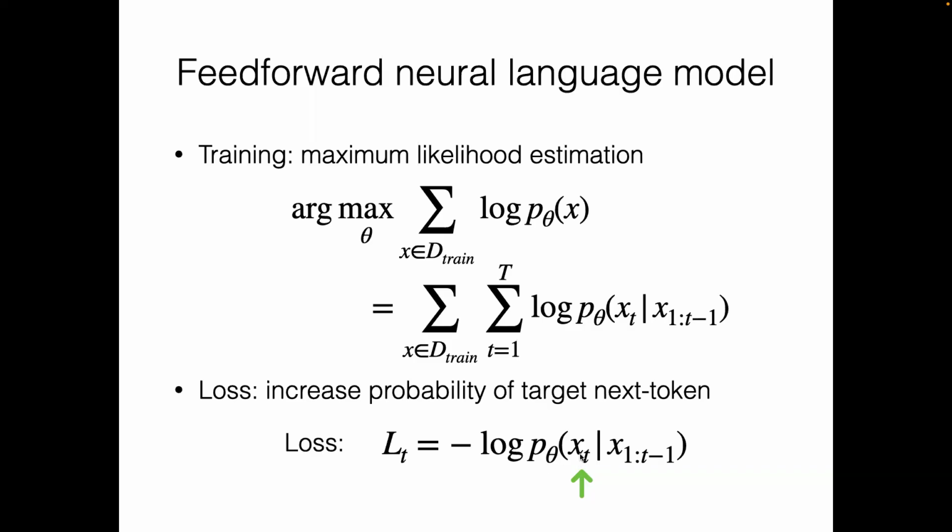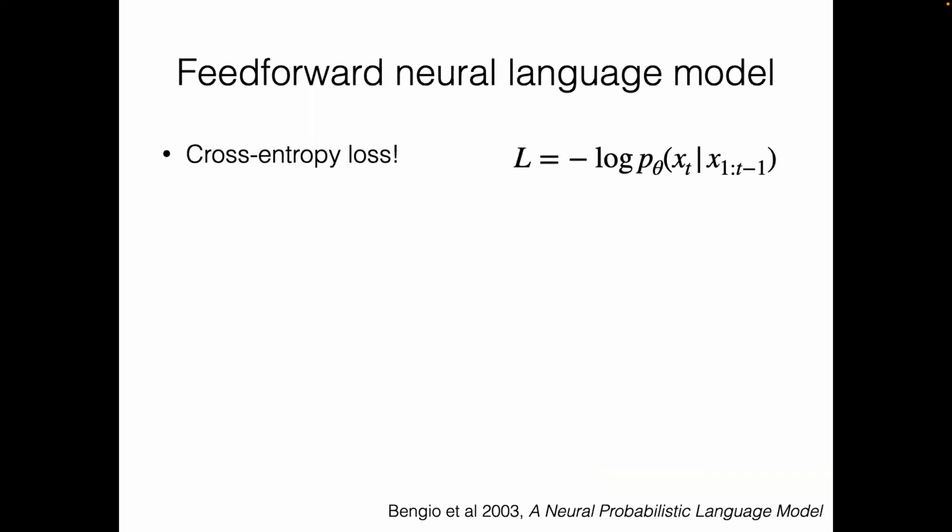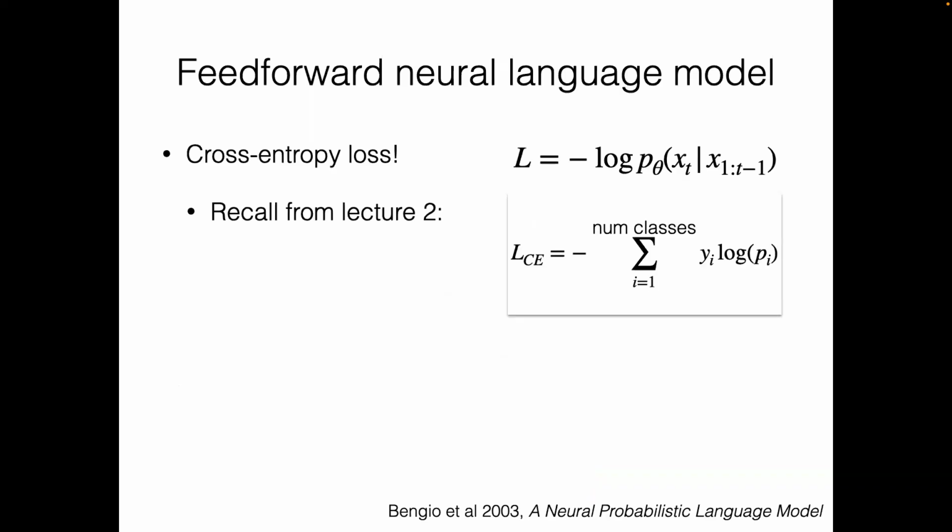Now the interesting thing here is if we look at this loss, it turns out that this is actually cross-entropy loss. I introduced cross-entropy loss in the previous lecture. Here's something that was on the slide in lecture number 2. You go over each possible class, and then you have this indicator, which is, is it the class or not? And then you have the log probability.